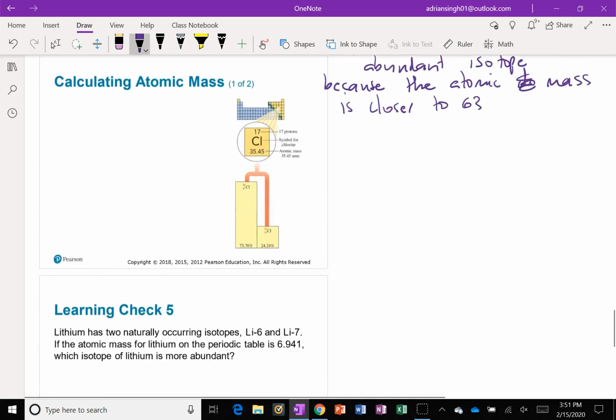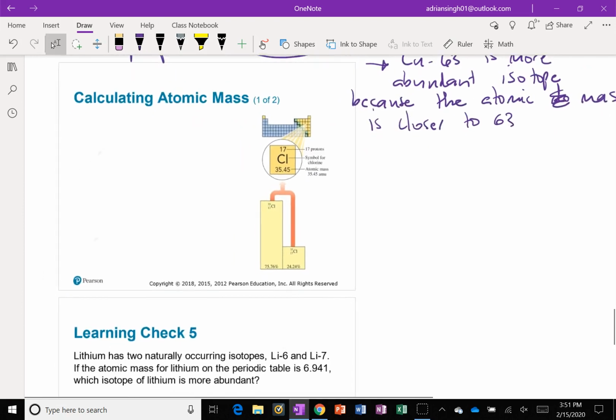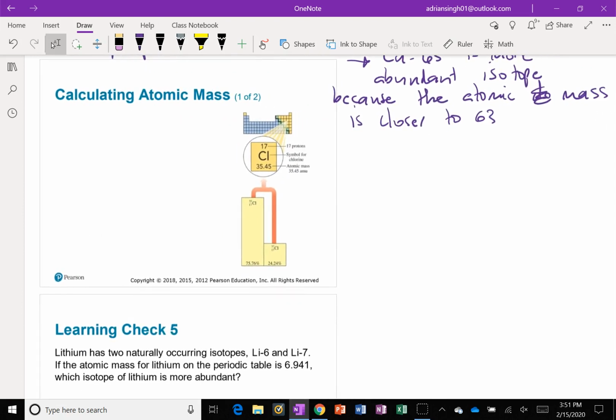So we can make some pretty sound conclusions just based on what we see on the periodic table and if we know the different isotopes that are present.